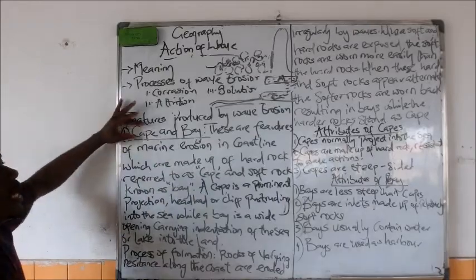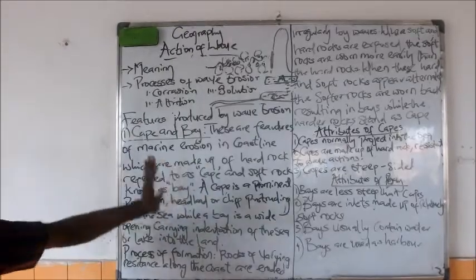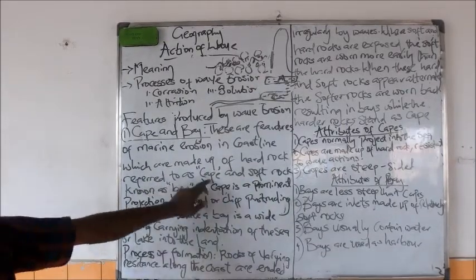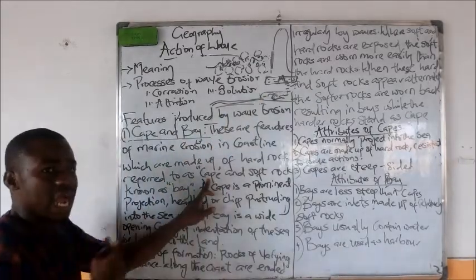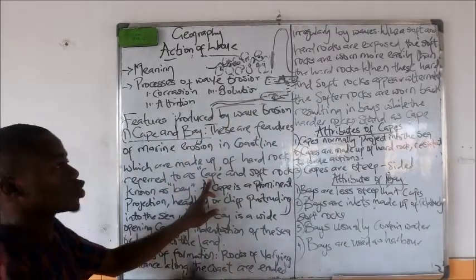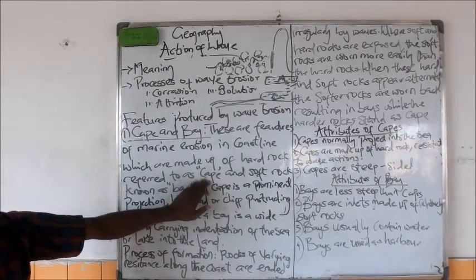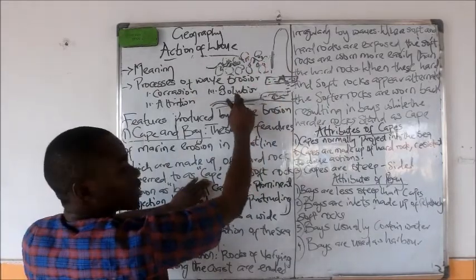Normally, cave and bay are both features of marine erosion in coastline, which are made up of hard rock, referred to as cave. The one that is hard rock, that has high resistance to erosion, we call hard rock, and they tend to form cave. So they are the ones that will protrude toward the sea level.